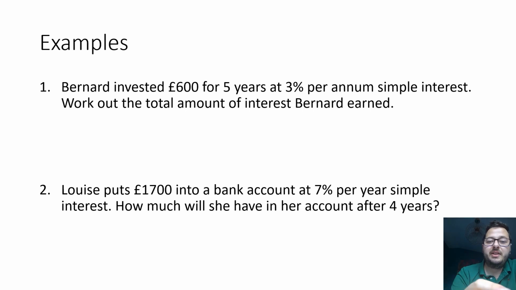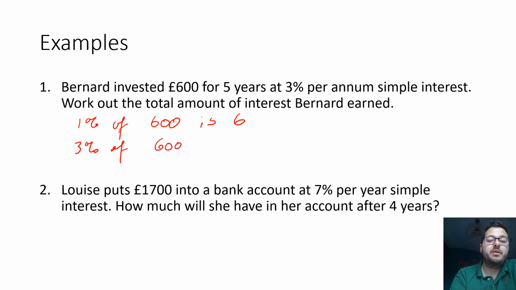Okay, so the first thing we want to do is 3% of 600. Let's imagine we've not got a calculator. Let's find 1% first. 1% of 600, well, just divide it by 100, is 6. So 3% of 600 is 3 times 6, which is £18. That's for 1 year.